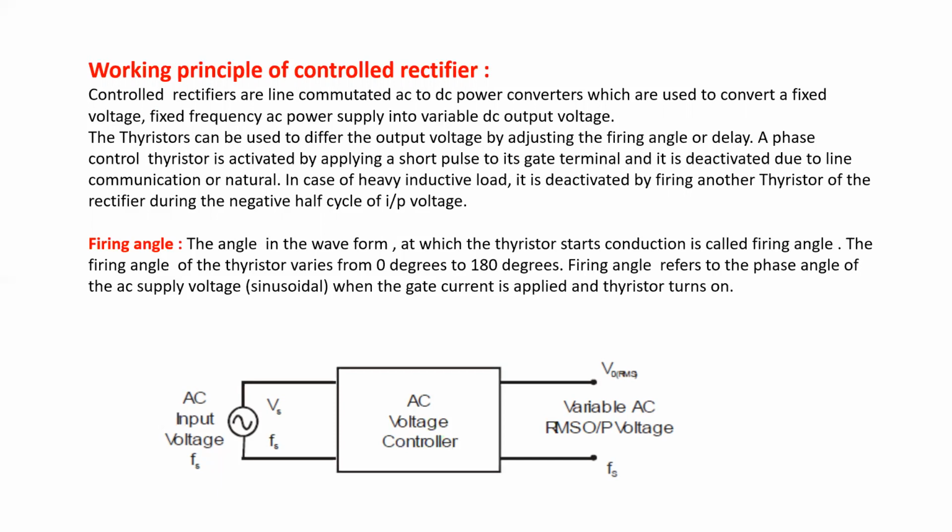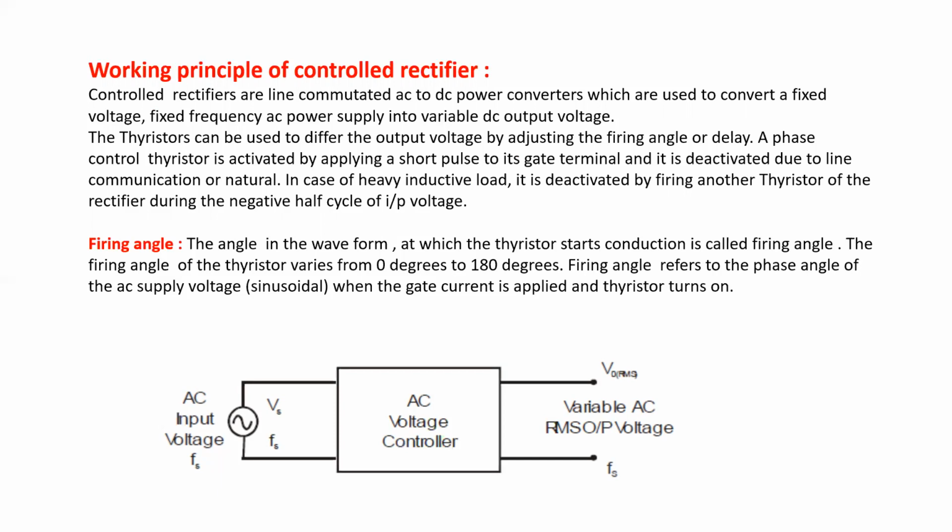A phase control thyristor is activated by applying a short pulse to its gate terminal and is deactivated due to line commutation, which is called the natural commutation method. In case of heavy inductive loads, the firing angle is different.